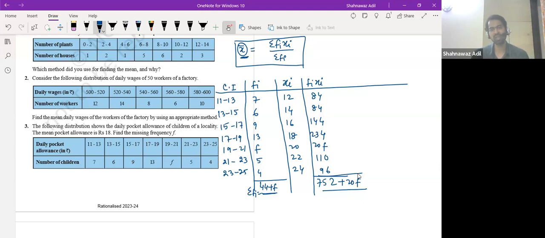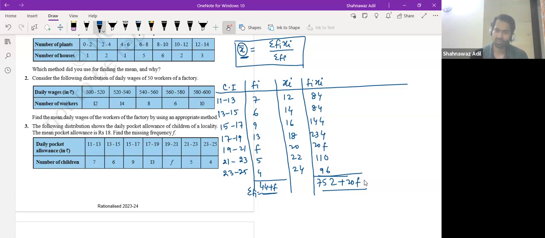This is what we have, right, guys? Is this clear, everyone? We are just multiplying and adding.